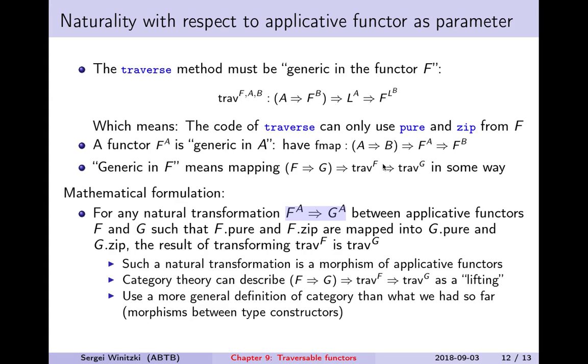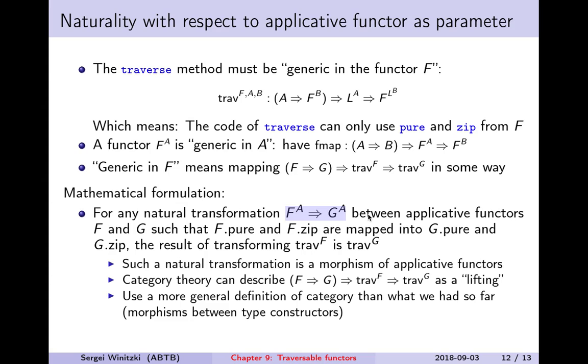Because the result of traverse is f of something, f of some L of A or L of B. So we can map that into g of that using the natural transformation. Or we can first map f to g and then apply traverse, and that should be the same.